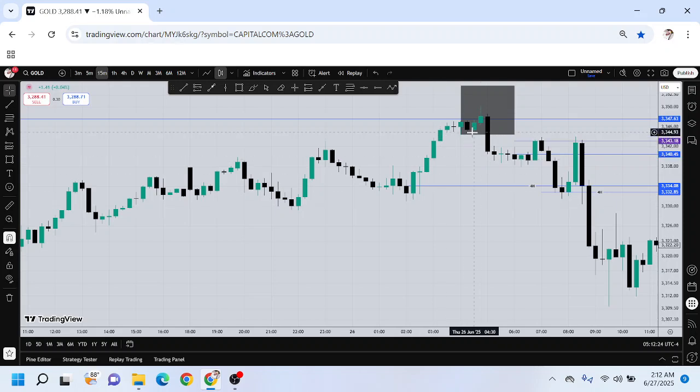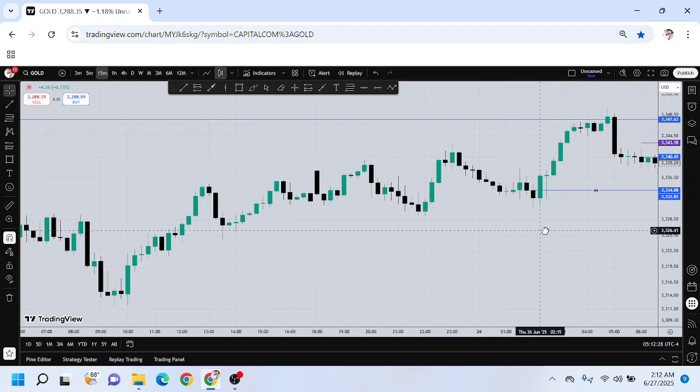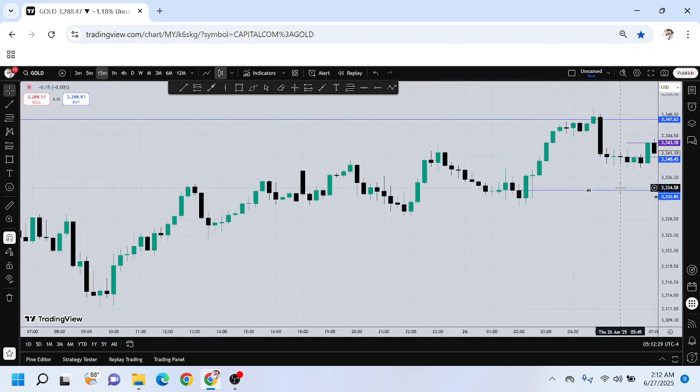This is where we are talking about. Can you see we went up? This is the place here. Can you see we went up? But there is no break of any open close, no form of break in market structure.